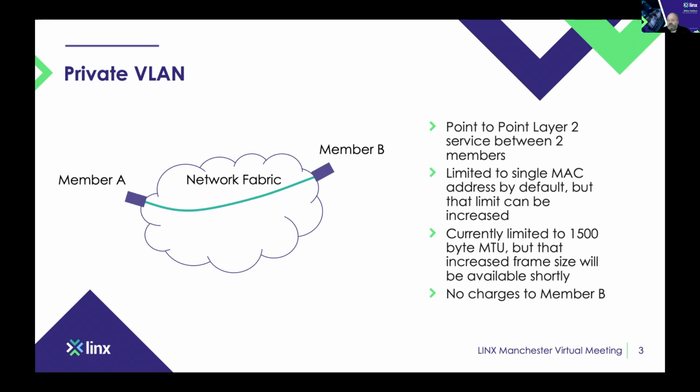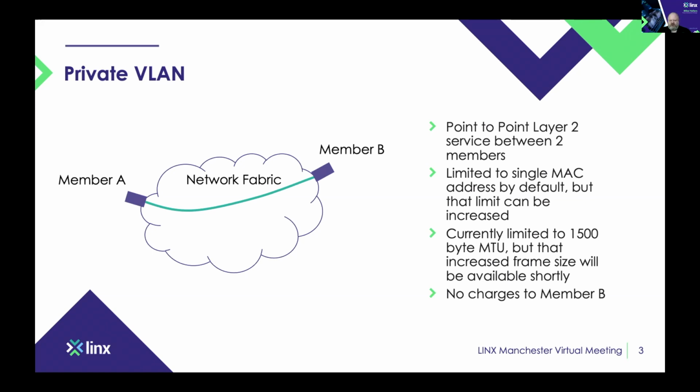By default, they are configured the same way we configure peering ports, meaning they are limited to a single MAC address, but we can increase that limit for use cases where that is required. At the moment, they are also limited to an MTU size of 1500 bytes, same as peering ports. But very shortly, you will be able to increase that.